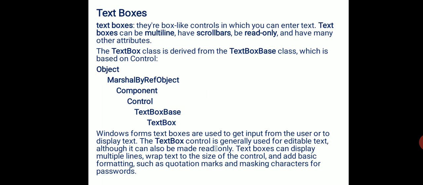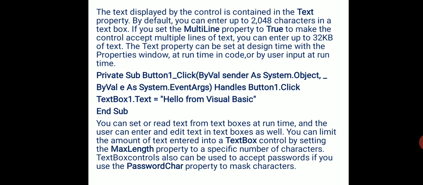The text displayed by the control is contained in a Text property. By default, you can enter up to 2048 characters in a text box. If you set the Multiline property to true, to make the control accept multiple lines of text, you can enter up to 32 KB of text.